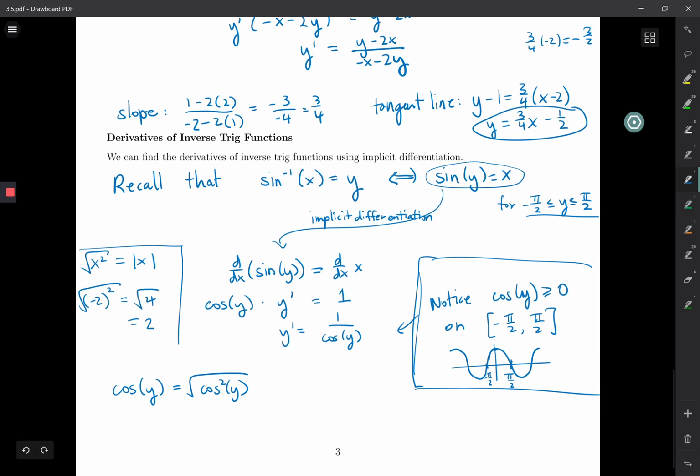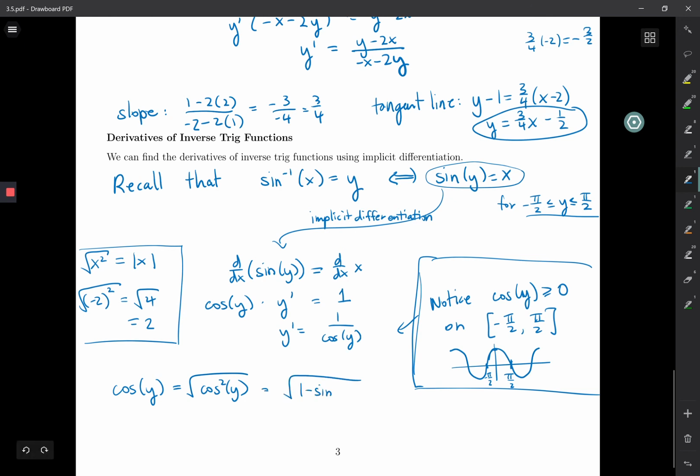So when we put in a negative number, we get out a positive number. When we put in a positive number, we get out a positive number that matches in magnitude. Okay. So I can write this way, and we know that these are equal because cosine of y is always positive on the domain.